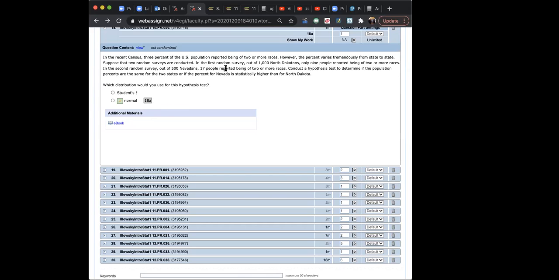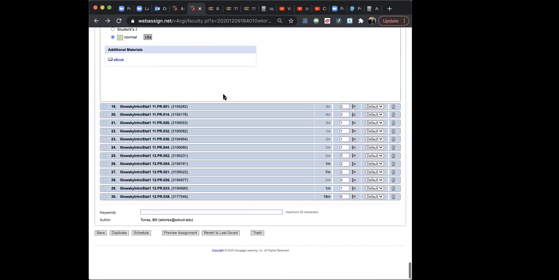Since this is proportions, your test would be the proportions test, which is based on the normal distribution. Remember, the proportions are modeled using binomial, and when n is large, as they usually are in these proportion tests, you can use the normal approximation to the binomial.